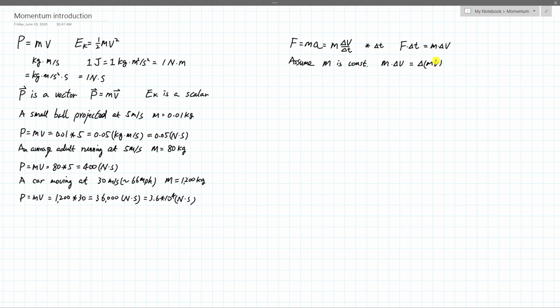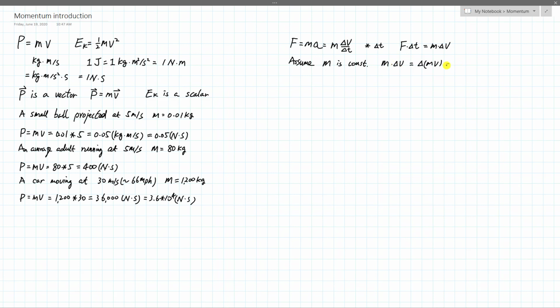The only thing that changes is the velocity. It's like if this mass is 3 and the change of velocity is 5, then you can just say 3 times whatever the velocity is, minus 3 times whatever the previous velocity was. So the mass can be factored in if the mass isn't changing.